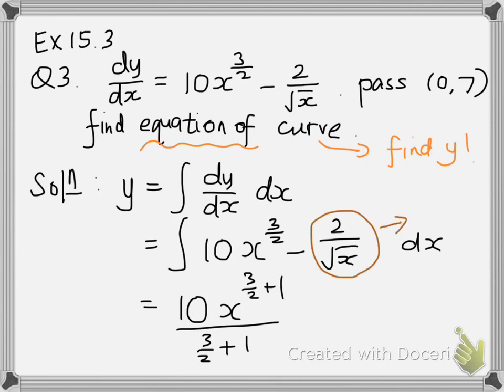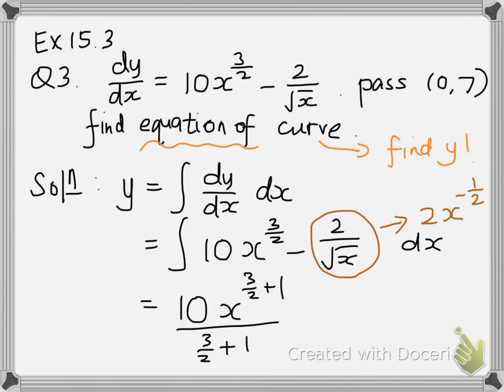It would be 2x to the power negative half. You're not integrating the 10, because the 10 has nothing to do with integration. So you just leave that 10 outside. That means you're not doing anything to the 10. I'm just writing it there, and then we're going to work the rest.